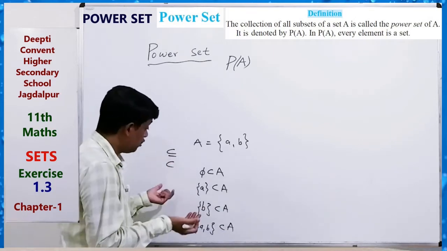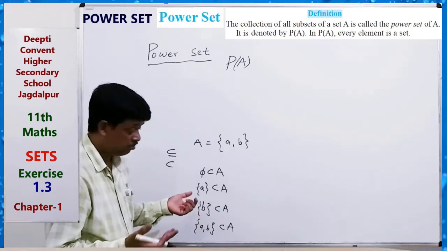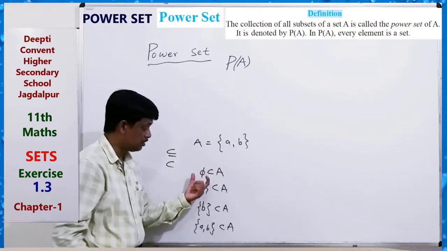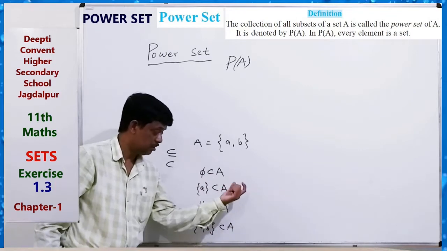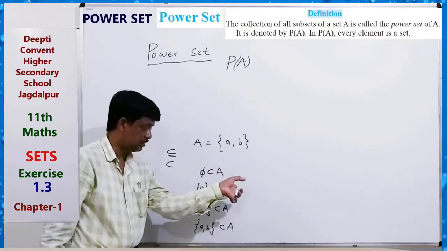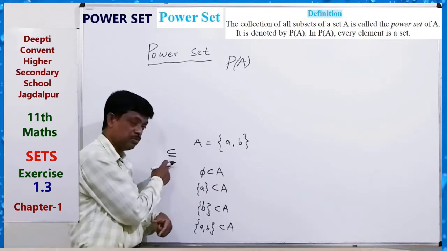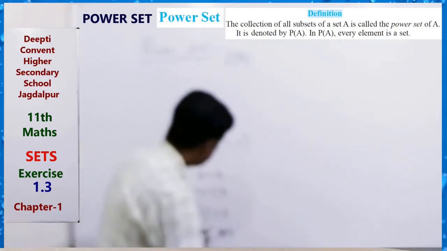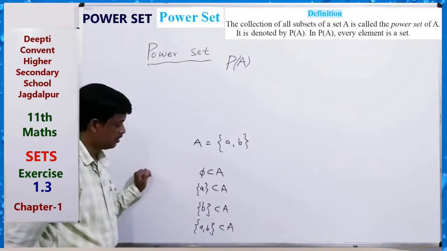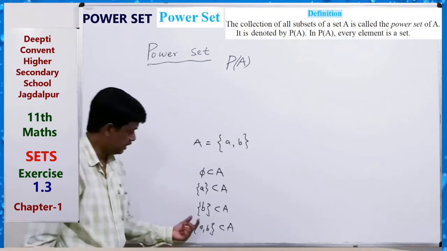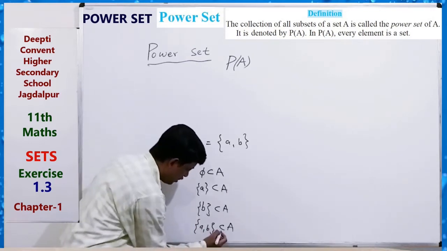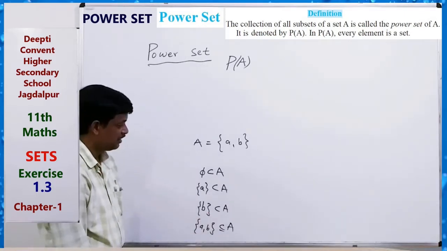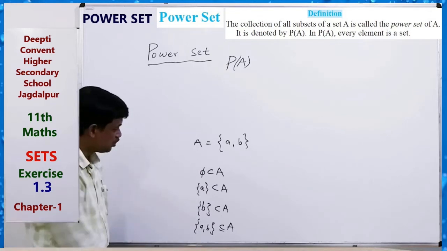And when we are clear from the behavior of the set that all the elements of this set belong to the other, but there is one element on the right hand side that does not belong to this, then we use this symbol. Here both are equal, so like this. Clear?